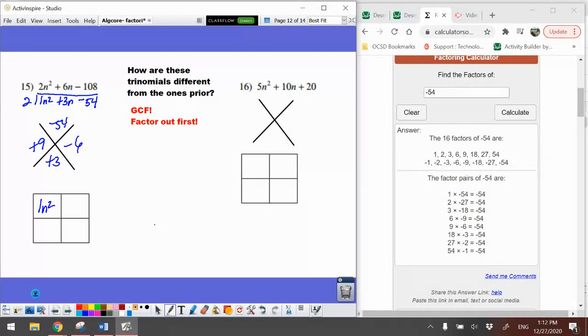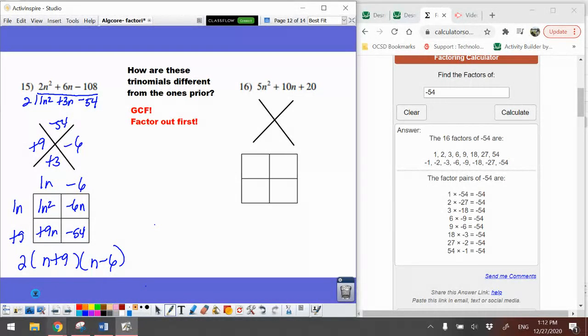So my 1n squared, my negative 54, remember I don't use the 2 when I'm filling in my box, plus 9n minus 6n, and let's go from there. So does 9 go into 54? Yep, that's a 9. This is the n, and a 1n, and a negative 6. I know you remember this from the last ones we've done. So my answer, the GCF has to stop, pull down, so the 2 is going to drop. I have my n plus 9, my n minus 6, and I'm done.